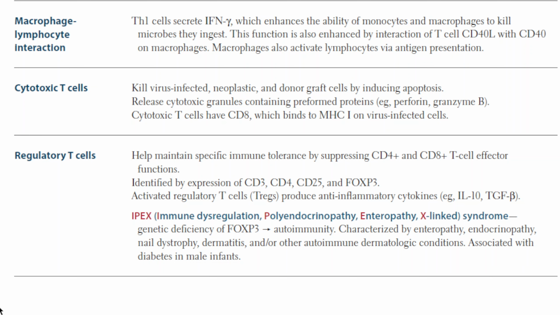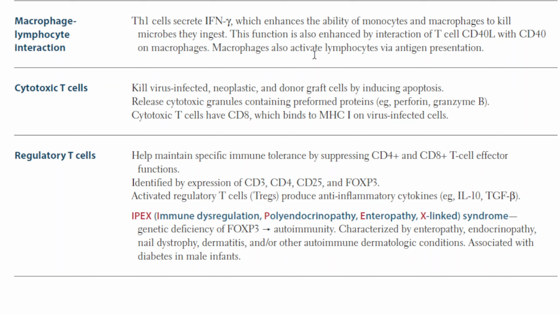The function of this is also enhanced by interaction of T cells and CD40L. This molecule, guys, you have to learn. This is very important. So this function is also enhanced by interaction of T cell CD40L with CD40 on macrophages.